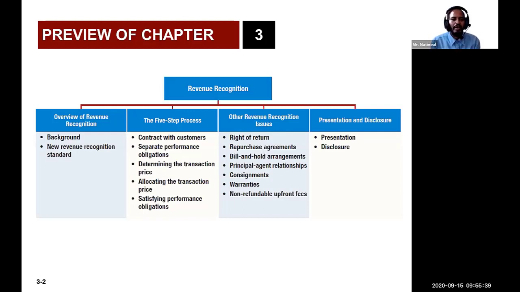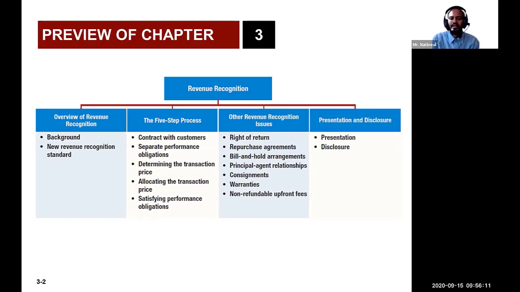So when we see the overview of revenue recognition background, new revenue recognition standard which are there is IFRS. Like the 5-step process: መጀመሪያ contract with customer, ቀጥሎ የምናየው contract with customer ምን መምሰል አለበት, separate performance obligations, determining the transaction price, allocate the transaction price, satisfying performance obligations.